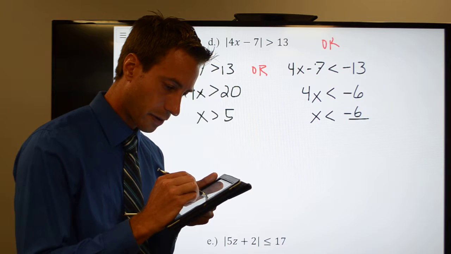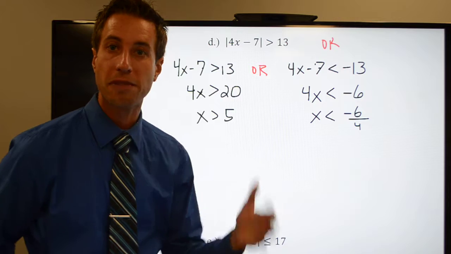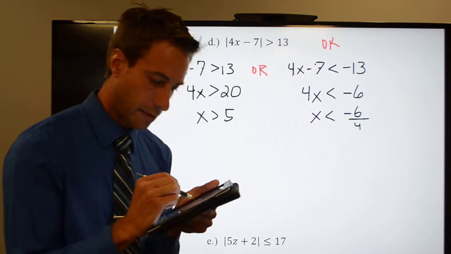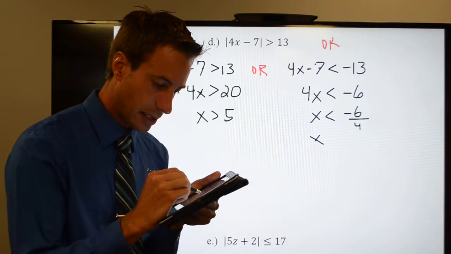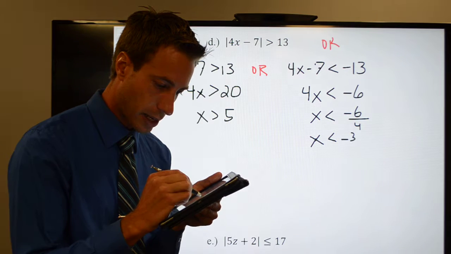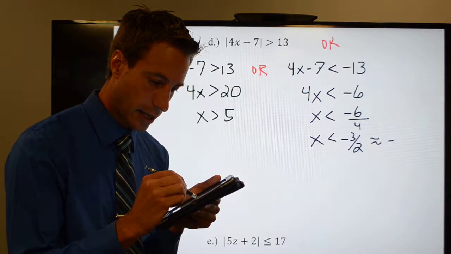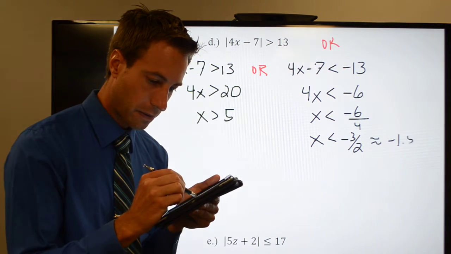Negative 6 over 4. Make sure that we reduce that fraction. They both have a common factor of 2, which we can factor out. And that's going to leave me with a reduced fraction of negative 3 halves, which is approximately a negative 1.5.